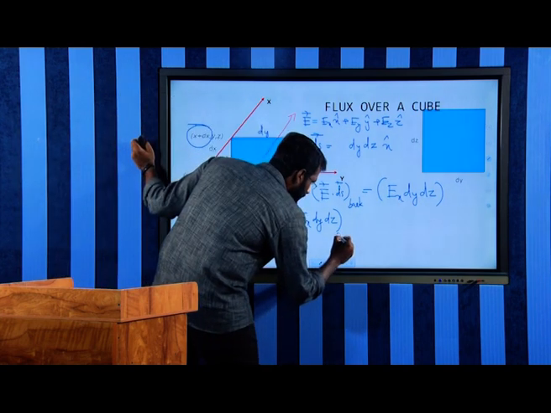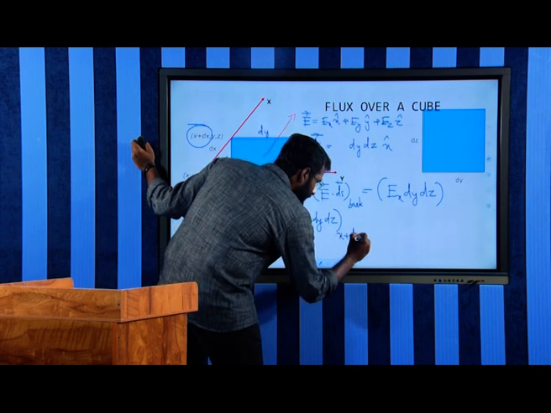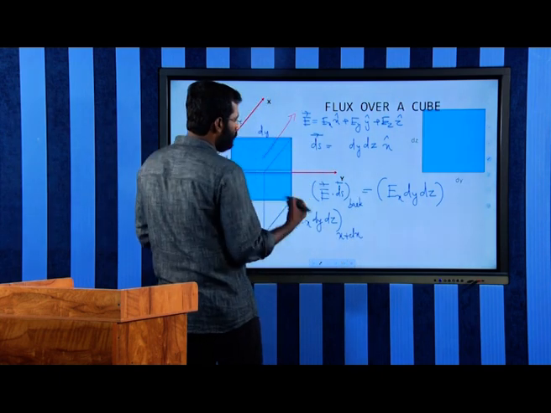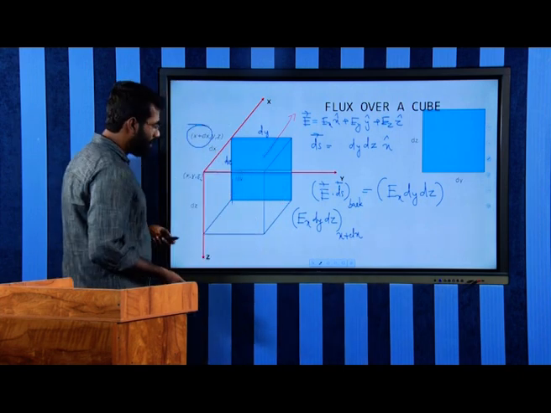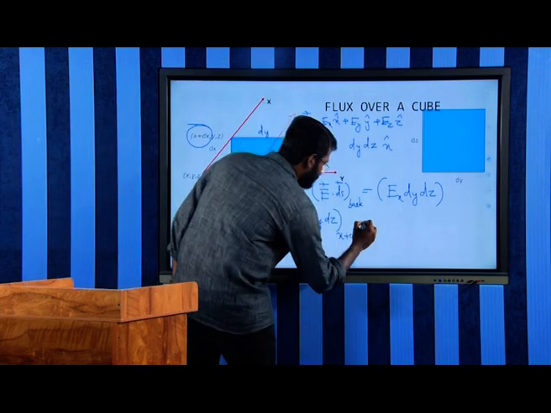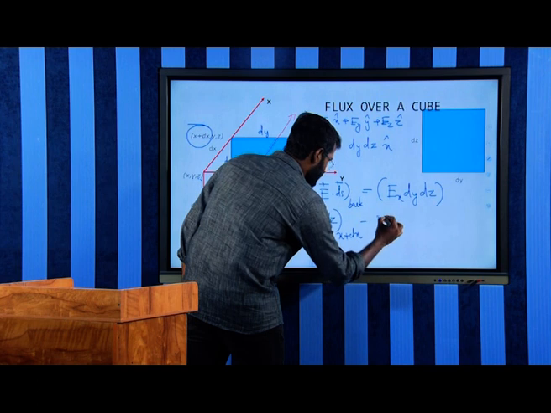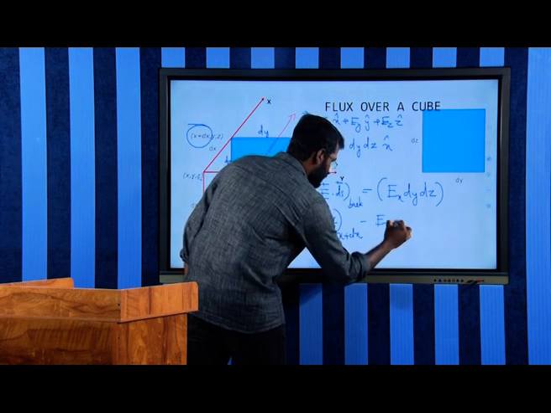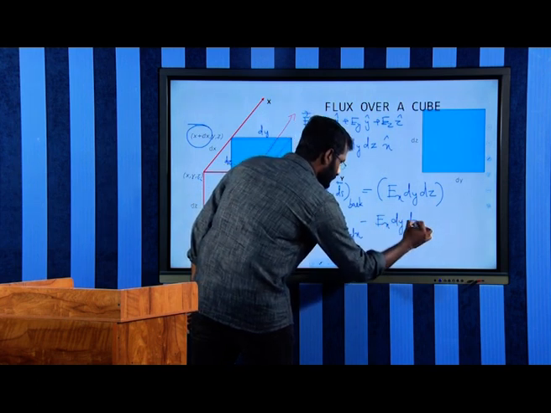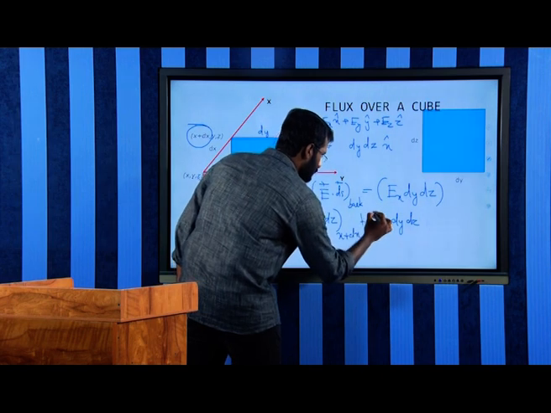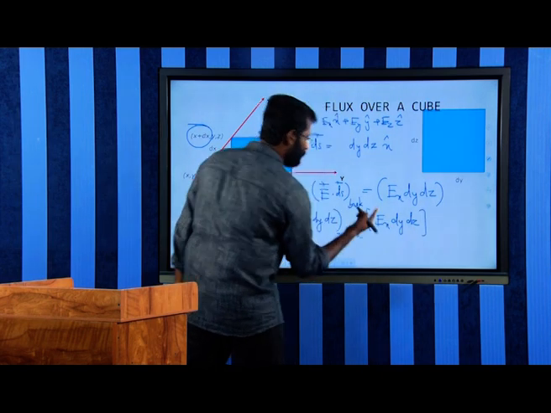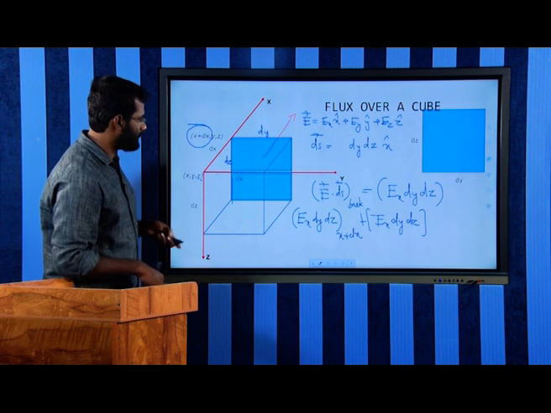So, this is evaluated at x plus dx. And now, what was our front surface? For the front surface, we had minus E x dy dz. Actually, I am taking the sum. The minus was with the answer itself. Let me check it back.